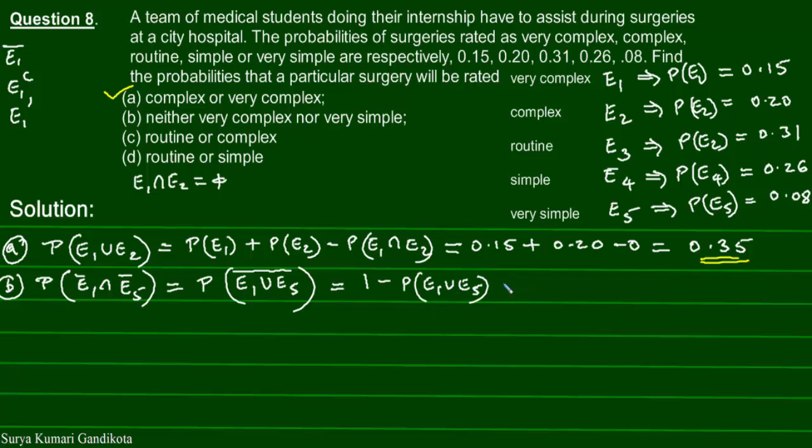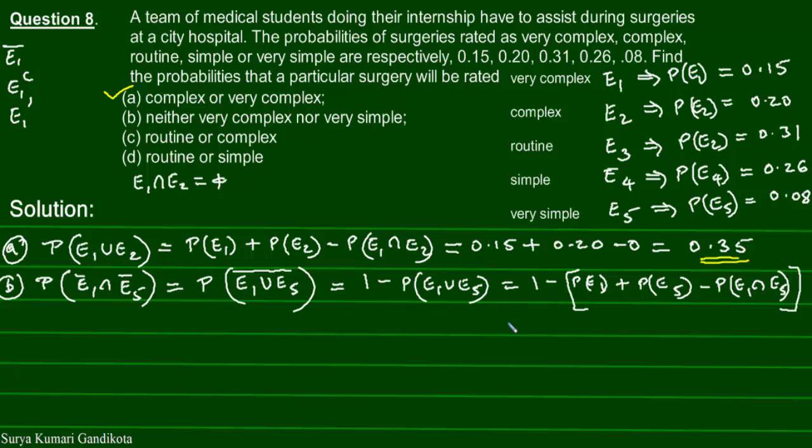Now, this is equal to 1 minus, what is P of E1 union E5? It is P of E1 plus P of E5, then minus P of E1 intersection E5. But again, E1 intersection E5 is also empty, therefore the probability of this is equal to 0.